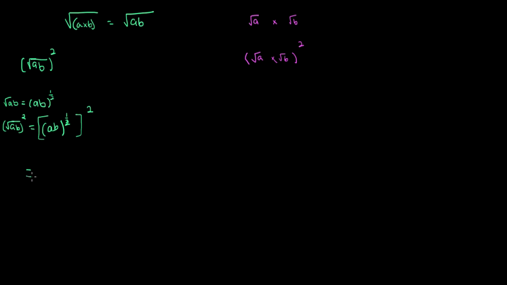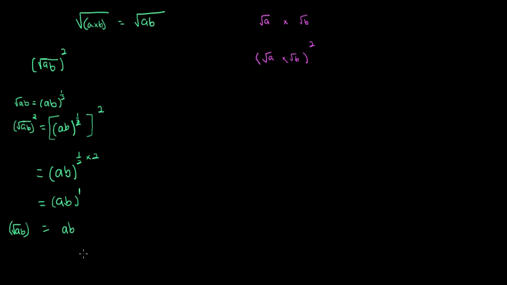So this would then be ab as a whole raised to the power a half times 2, which in this case would be simply ab raised to the power 1. Anything raised to the power 1 is itself, so ab raised to the power 1 would be ab. Alright, so we can say the square root of ab raised to the power 2 is equal to ab.